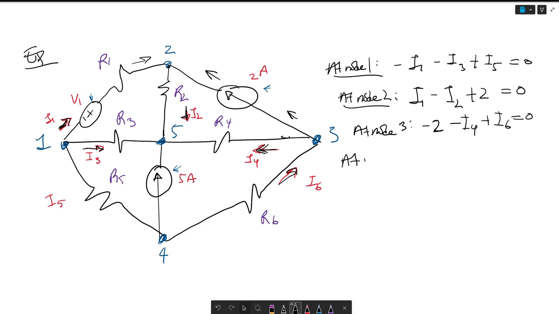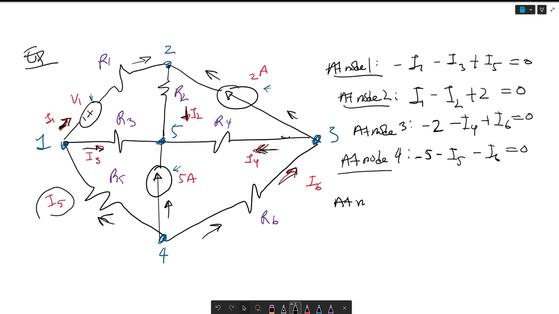And then at node 4, we have minus 5 because the 5 amps is leaving, minus I5 because I5 again is leaving, and minus I6 because again I6 is leaving, is equal to 0.